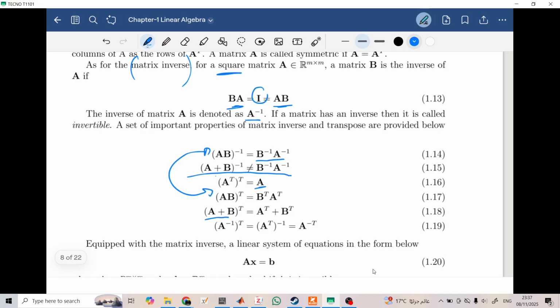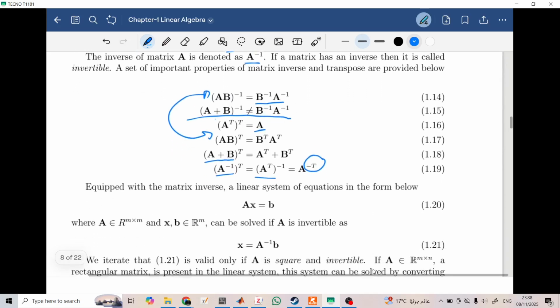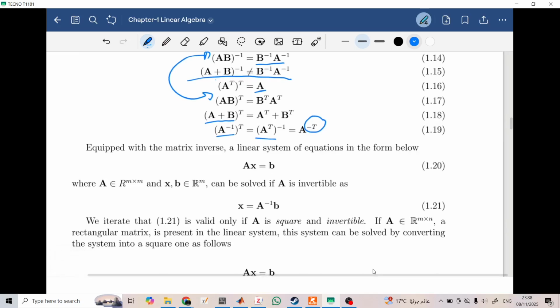Fortunately, you can distribute the transpose on addition, and you can change the order of transpose and inverse. And usually in some references you can find this notation: minus T means that I'm doing inverse and transpose at the same time, right?